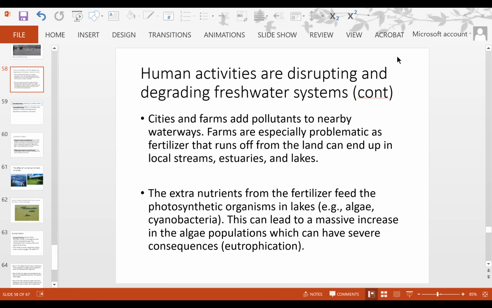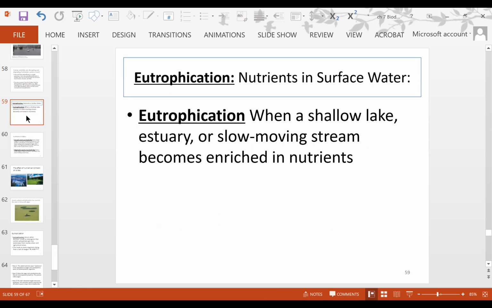And because you're fertilizing lakes, it can lead to a massive increase in the algae populations, and that can have severe consequences. And that brings us to the term eutrophication.